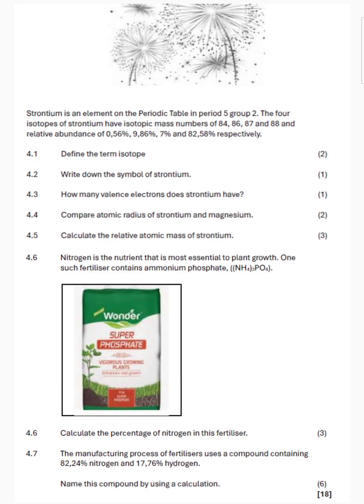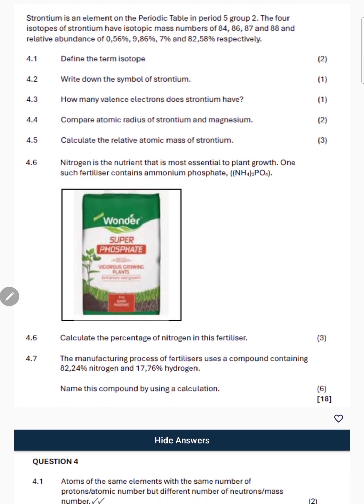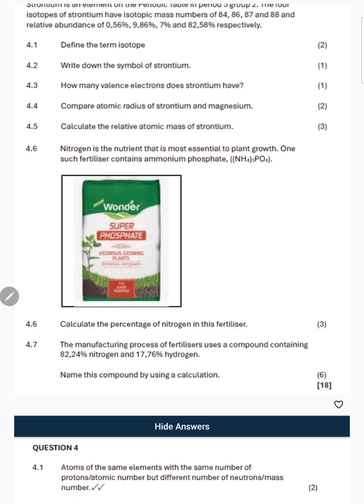Okay, now let's look at the answers. You pause, you do it for yourself, and thereafter you mark your work. For 4.1, define the term isotope. An isotope is an atom of the same element with the same number of protons but a different number of neutrons.